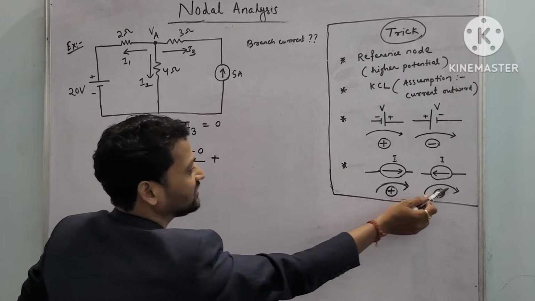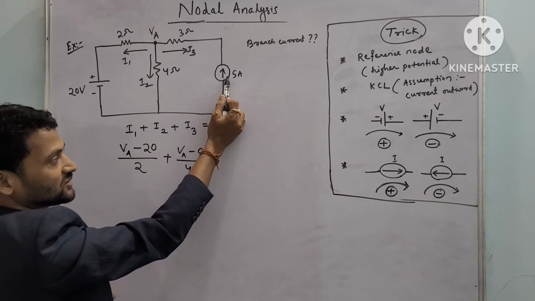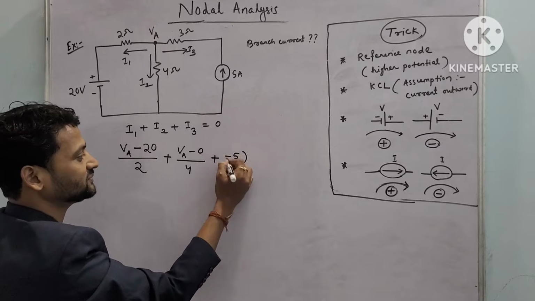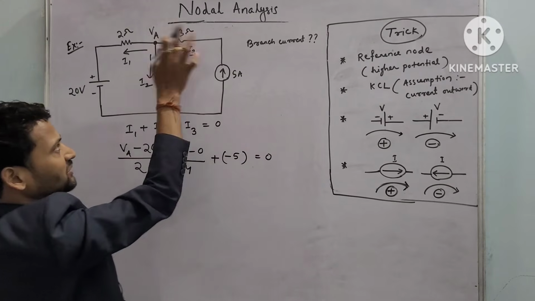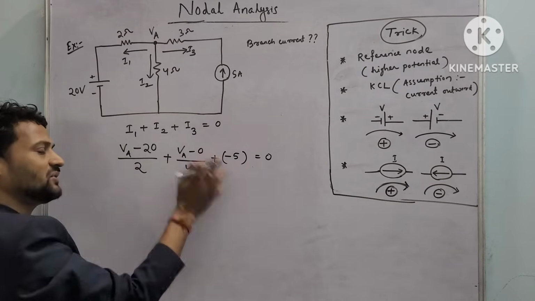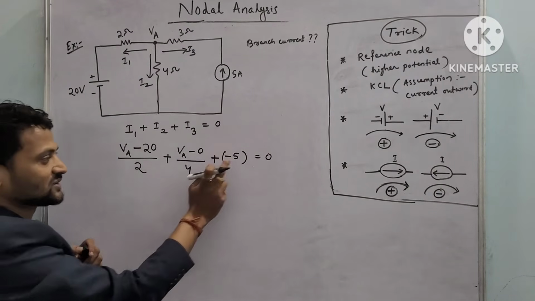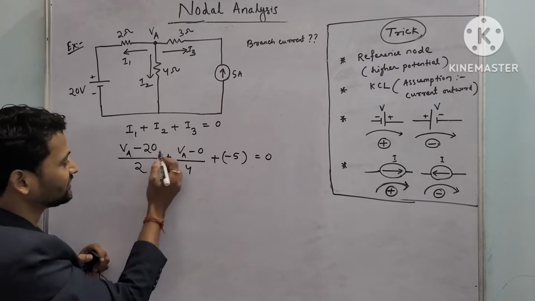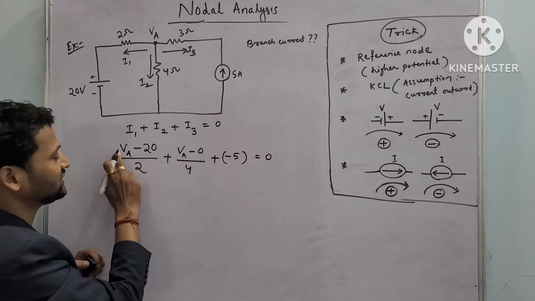So the sign of the current source will be negative. Directly you can write 5, with no need to take the potential difference or the resistance, because the current is already given. So the value of I3 is minus 5. Then you can solve this to get the value of VA.